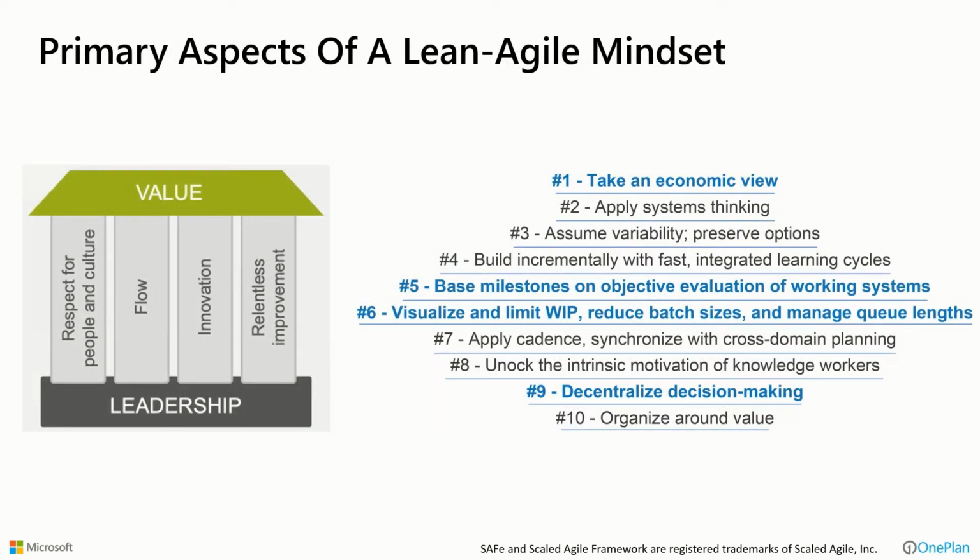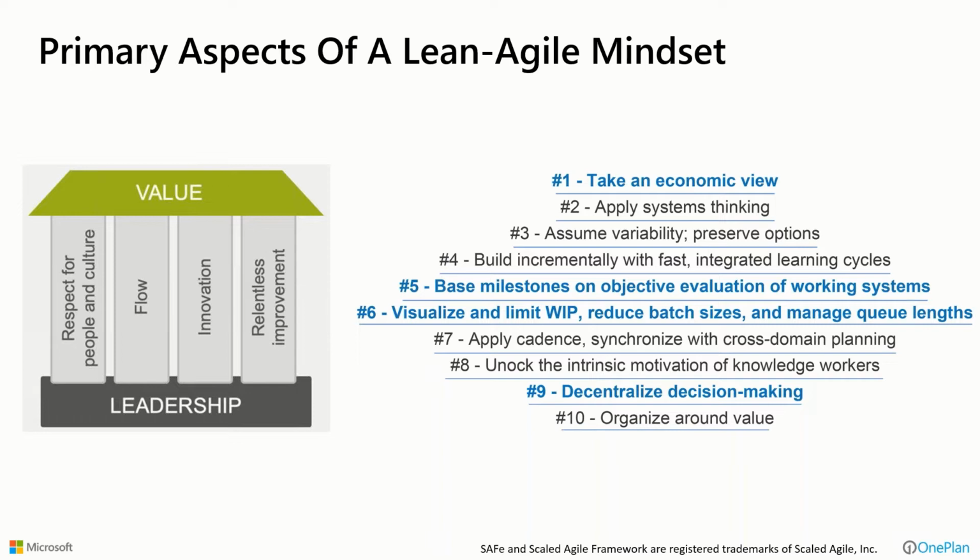The real key here is that we need to change our mindset. A lean agile mindset has a number of different precepts to it. Some of the highlights here are taking a more economic view, meaning the value to us and to our customers in that mix.